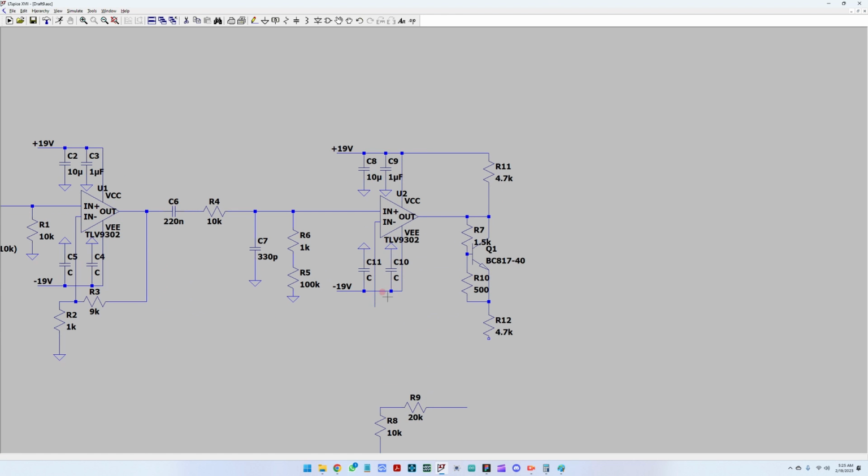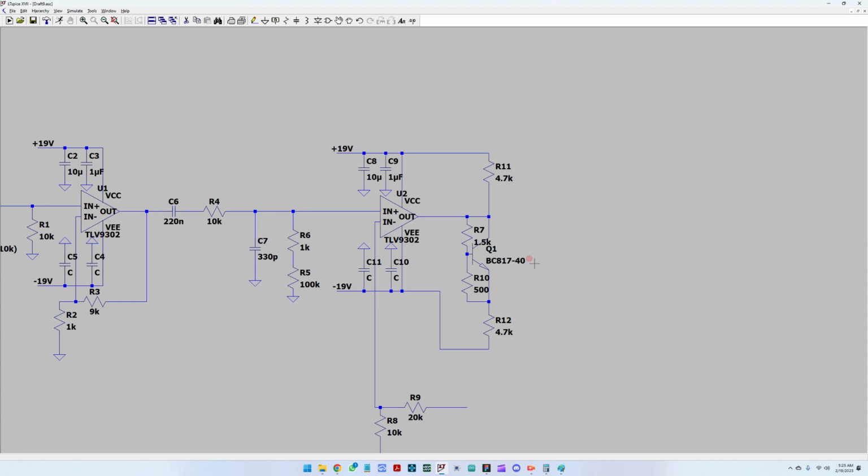I even hate it here that they intersect. So let me connect this one here, and I'm going to connect this one to minus 19 volts. Okay, so now we've done the biasing.